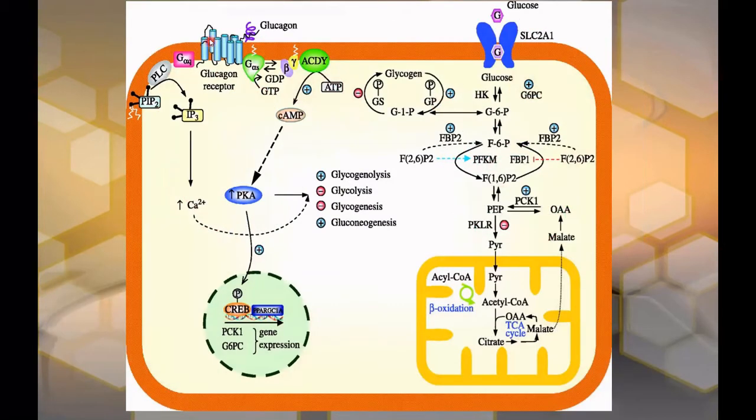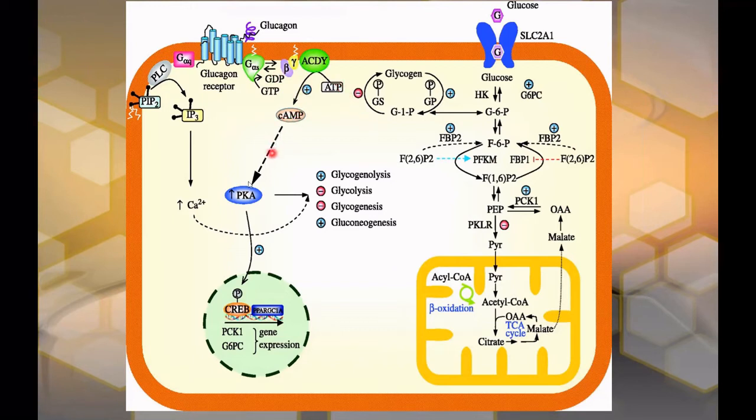So in this figure you can see that the glucagon receptor binds to glucagon, and the glucagon receptor is a G protein coupled receptor which can activate the phospholipase C system and the adenyl cyclase system. The adenyl cyclase system converts ATP to cyclic AMP.